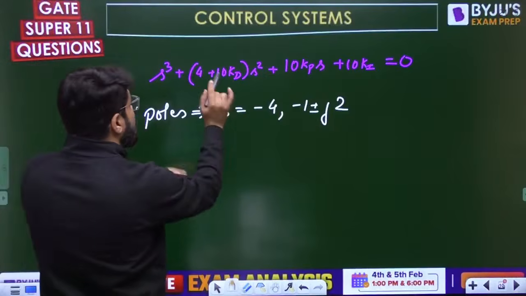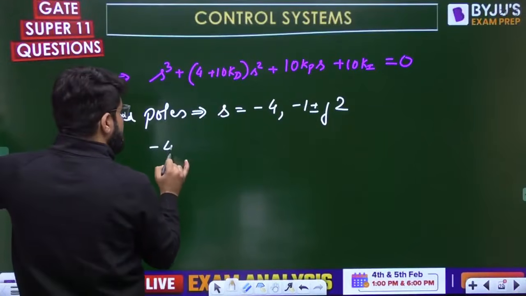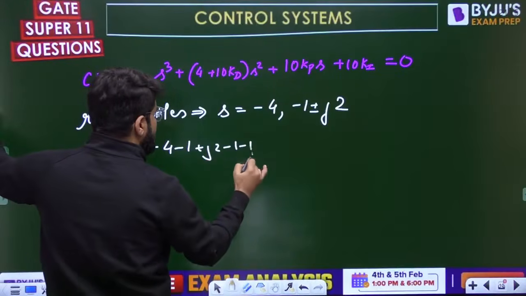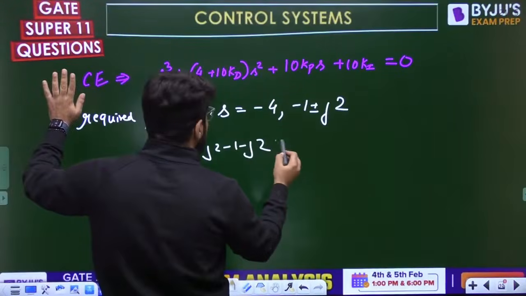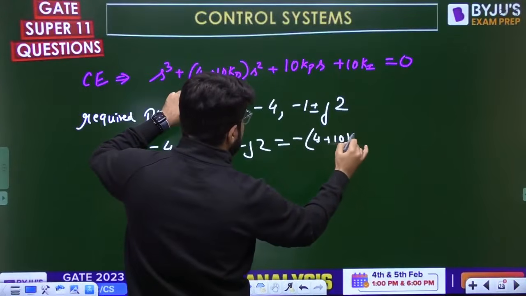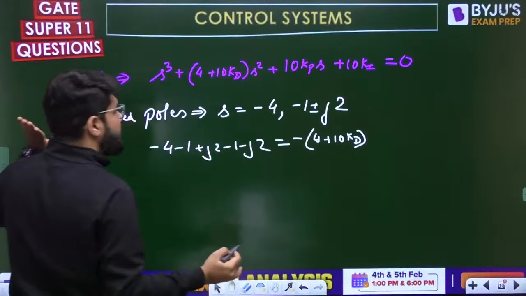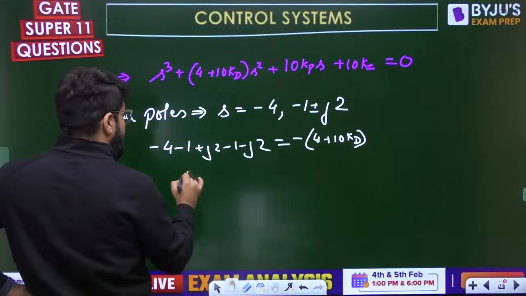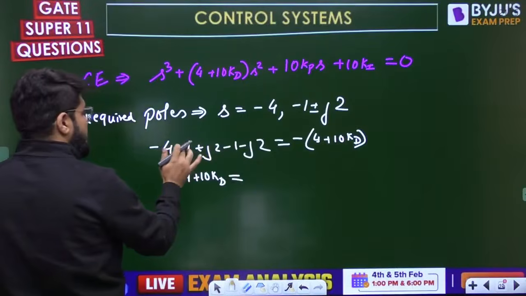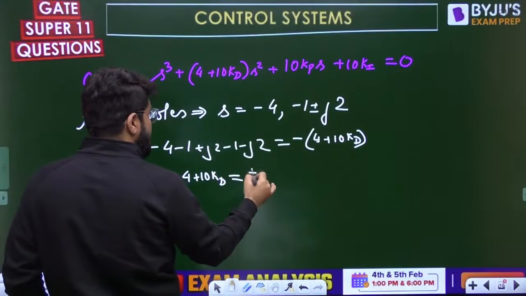If I want to talk about the sum of poles, -4, -1 plus J2, -1 minus J2, the sum of the roots should be given by minus of 4 plus 10 KD divided by 1.